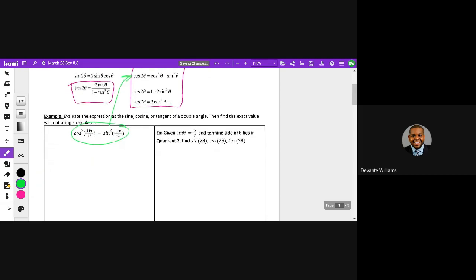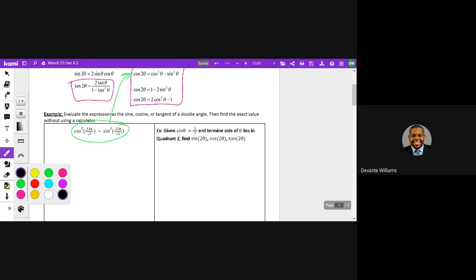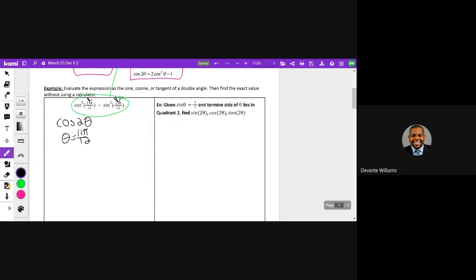So you can rewrite that problem as the cosine of 2 theta, which is the cosine of 2 times theta. And we know that theta is our angle, so theta equals 11 pi over 12. That's our angle. These two are equivalent, so we're going to find the cosine of 2 theta.